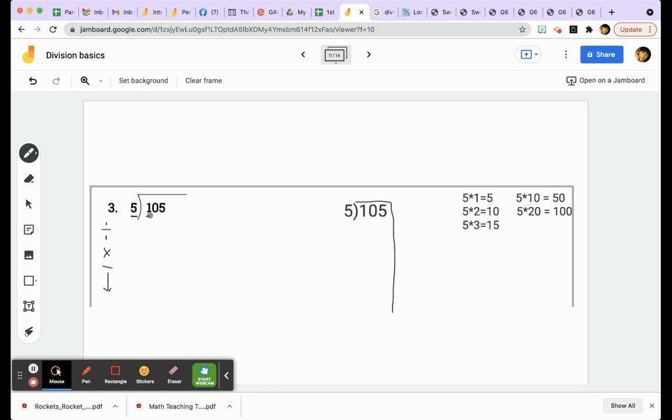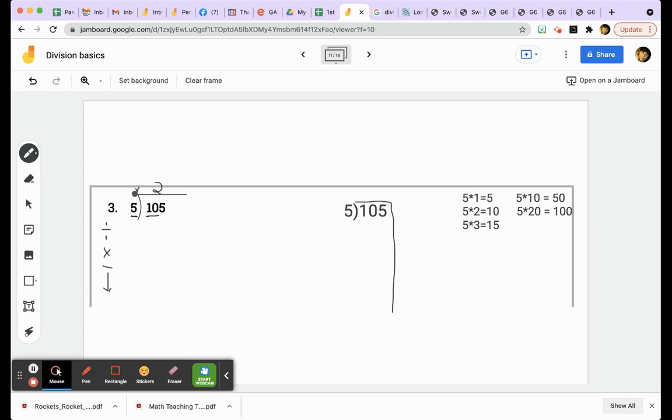And I realize 5 will not go into 1. However, 5 will go into 10. And 5 will go into 10 2 times. So I put the 2 in the quotient. I write the 2 over the 0 because I'm dividing 5 into 10.